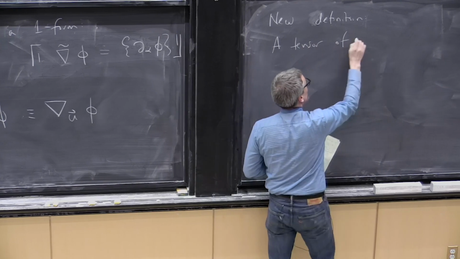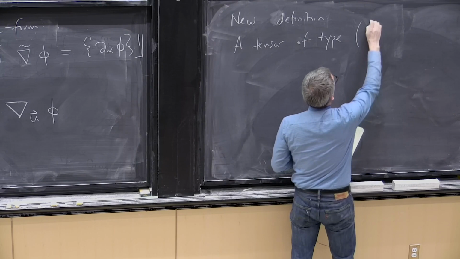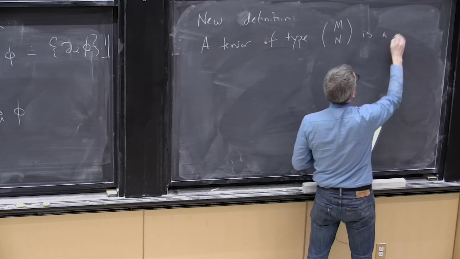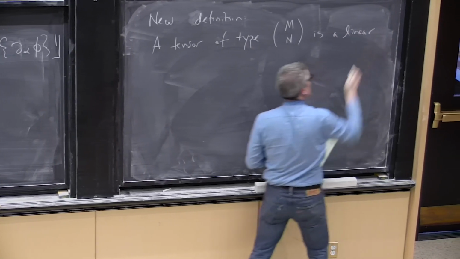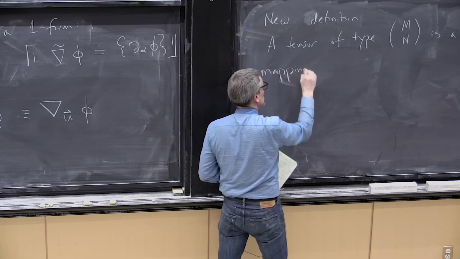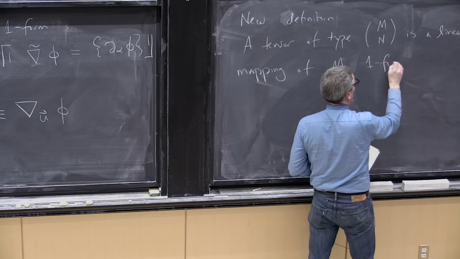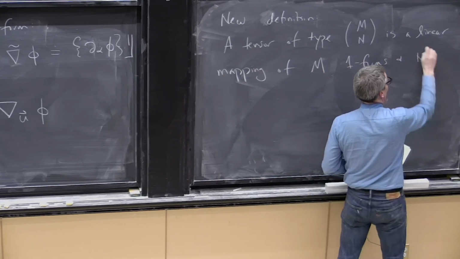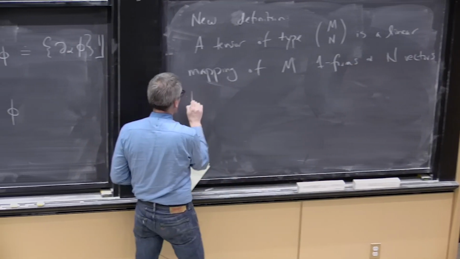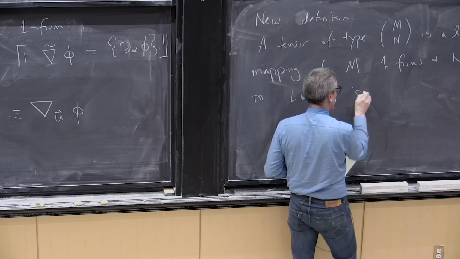A tensor of type (M, N) is a linear mapping of M one-forms and N vectors to the Lorentz scalars.